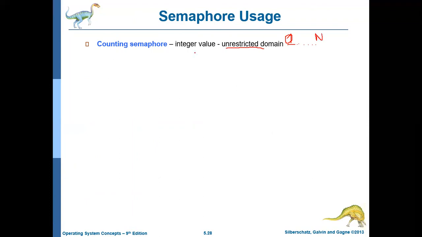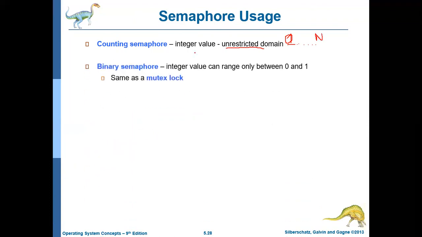Okay, and the second type of semaphore is binary semaphore. Binary semaphore can take only values between 0 and 1, and the binary semaphore is similar to mutex lock. Okay, in your system, if the mutex lock feature is not available, then the mutex lock feature can be implemented using binary semaphore.